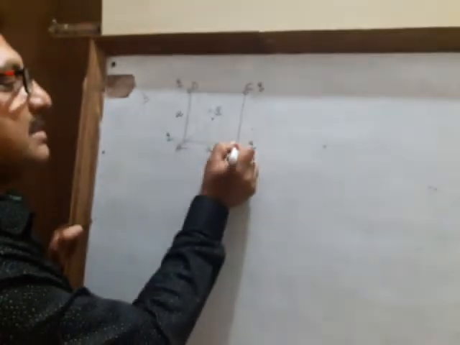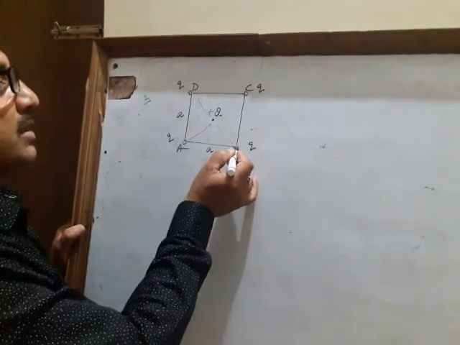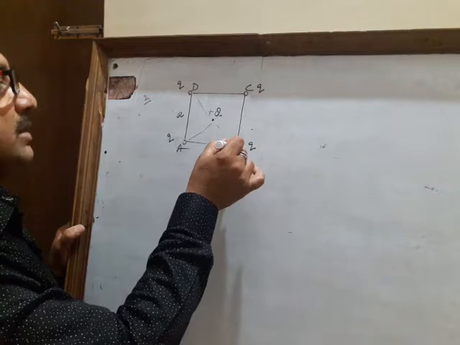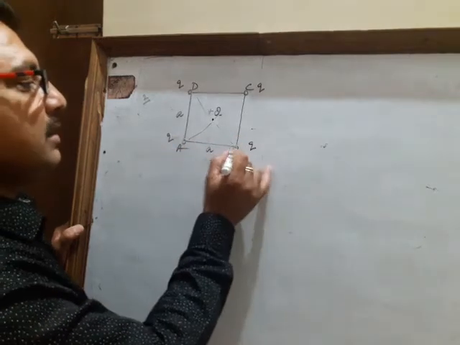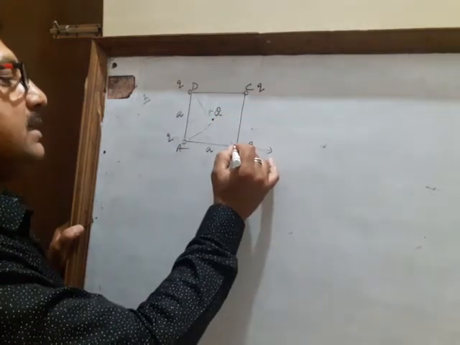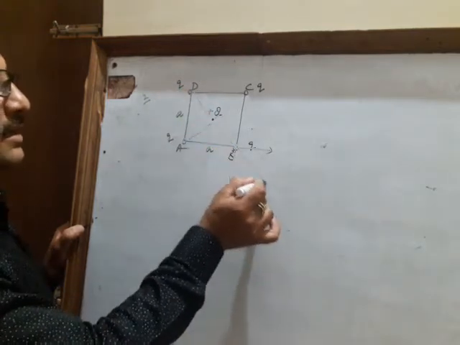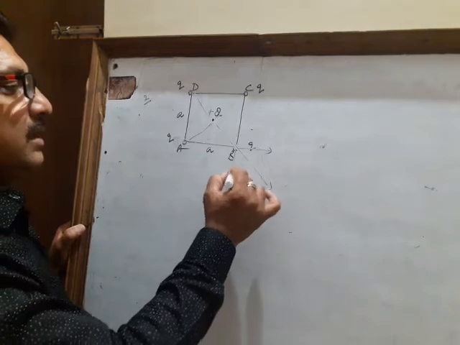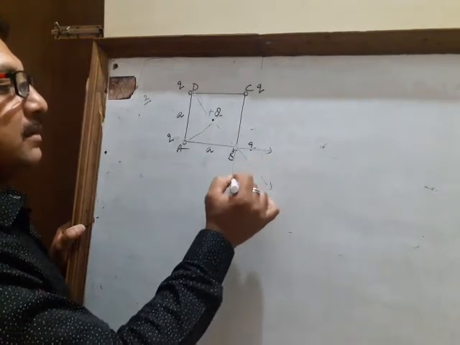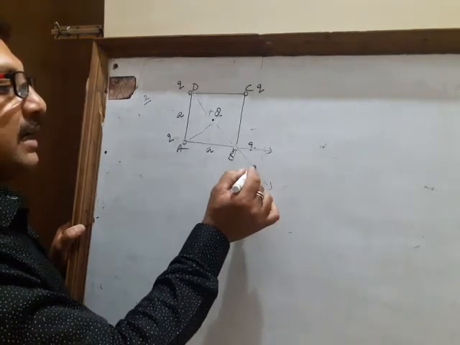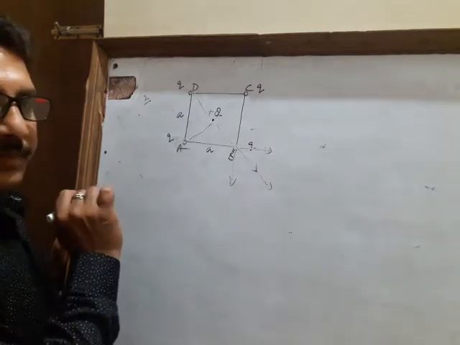So if I see this charge, suppose, what are the forces acting here on this charge? First due to A, this one. Second due to C, this one, repulsive forces. Then due to D, diagonally this one. If I take the resultant of these 2 forces, I will get the resultant along this diagonal.